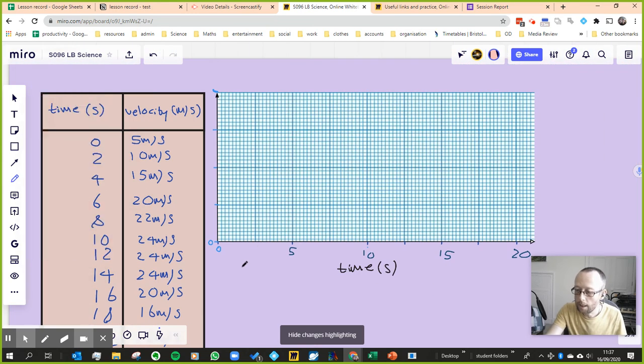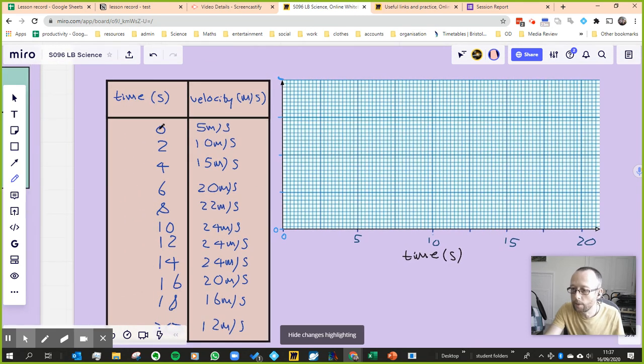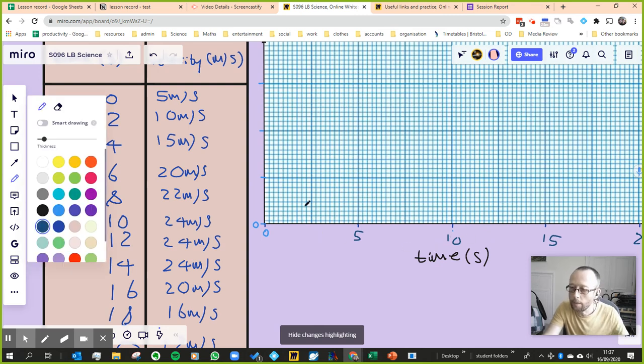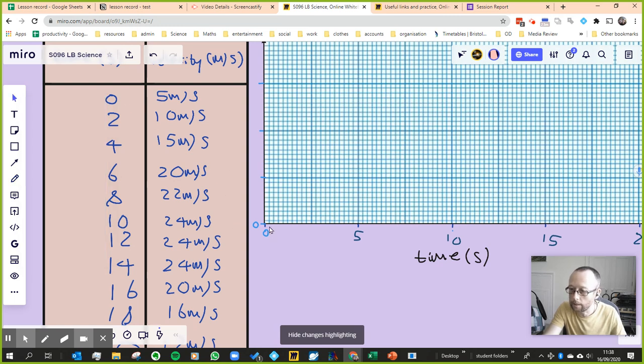So when I plot this now, the first one, we're not going to do the y-axis now. I just want to make this video mainly on how to do the scaling in the first place. So let's get rid of those gaps there. So basically, the first one is 0, so that's going to be, we haven't done the y-axis yet, but it's going to be somewhere along that black line.